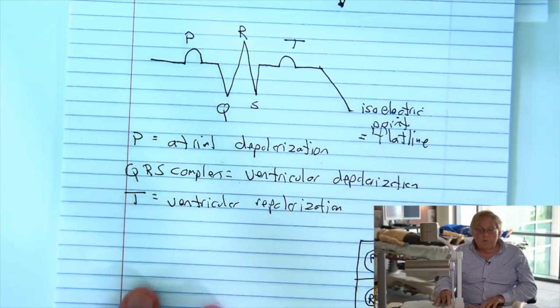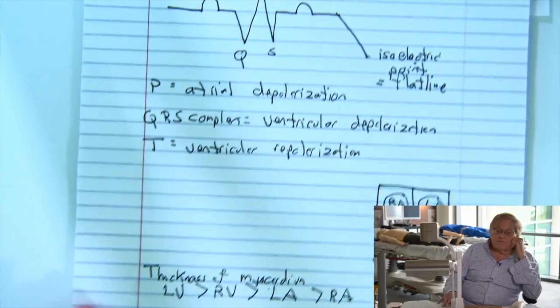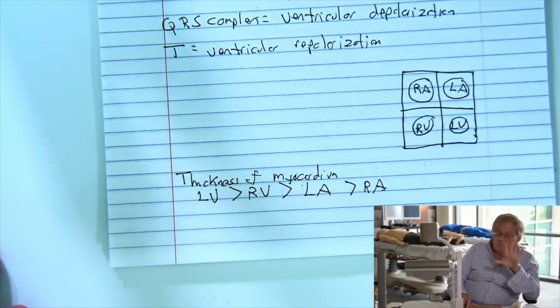But if you notice, the one thing that's missing right now is that I don't see anywhere where I've labeled where the atria repolarize. Why don't I see that? Why didn't I label it? Well, I didn't, because remember I said that an EKG is a measure of the gross electrical activity of the heart.